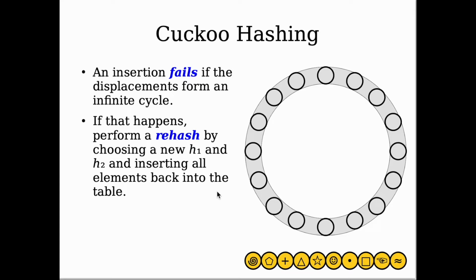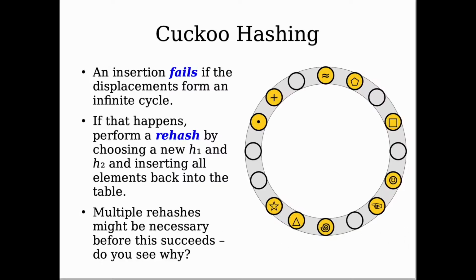And by rehash, we need to choose another h sub 1 and h sub 2 and insert all the elements back into the table. Okay, so it's also possible that we need multiple rehashes, or multiple values of h sub 1 and h sub 2, such that we can arrive at a stable set of inserted elements where we no longer need to remove or kick out many elements. Okay?